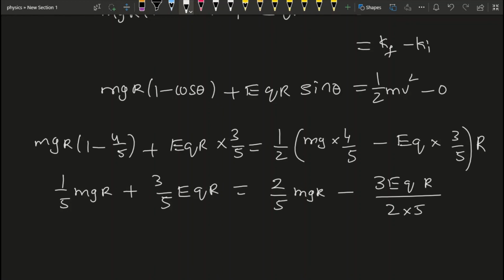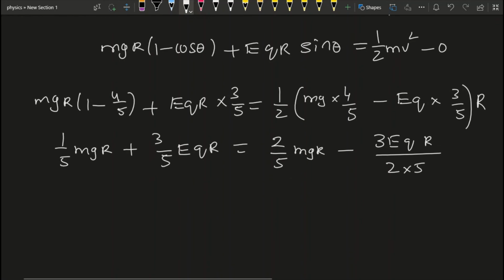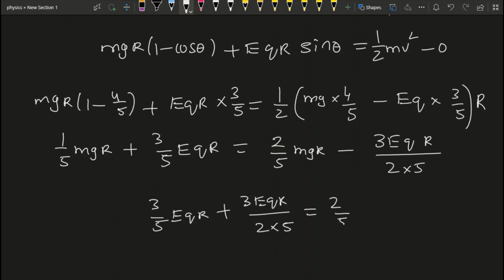Now you are going to take the EQR terms one side and mgR terms the other side, and let us see what we are getting. If you take this term this side, this is 3 by 5 EQR plus 3 EQR by 2 into 5 is equal to 2 by 5 mgR minus 1 by 5 mgR.